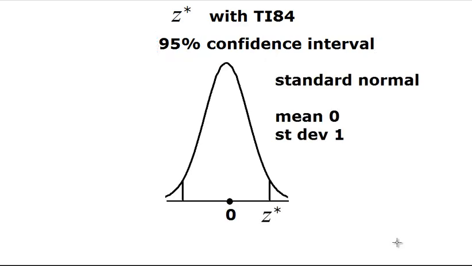Z star is a particular value of the standard normal distribution, whose mean is 0 and standard deviation is 1, and it is such that the area under the standard normal curve between negative Z star and Z star is 0.95. Your calculator can give you percentiles of a normal distribution if you input the cumulative area to the left.